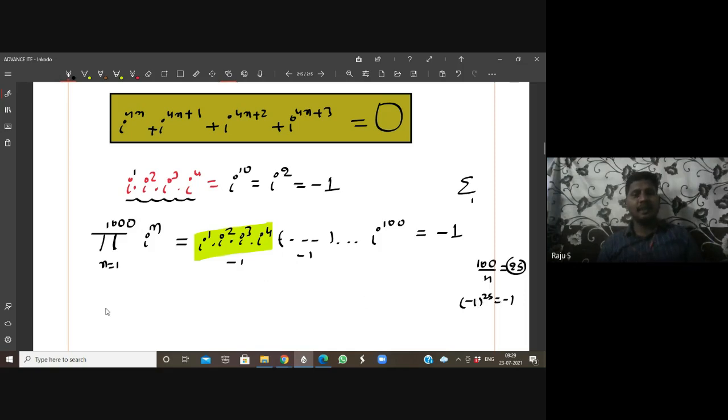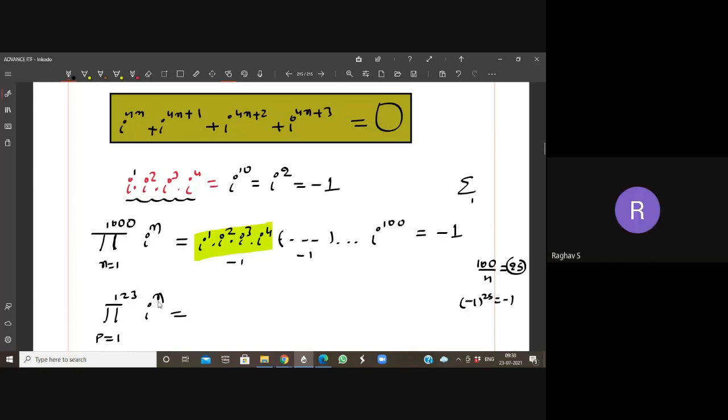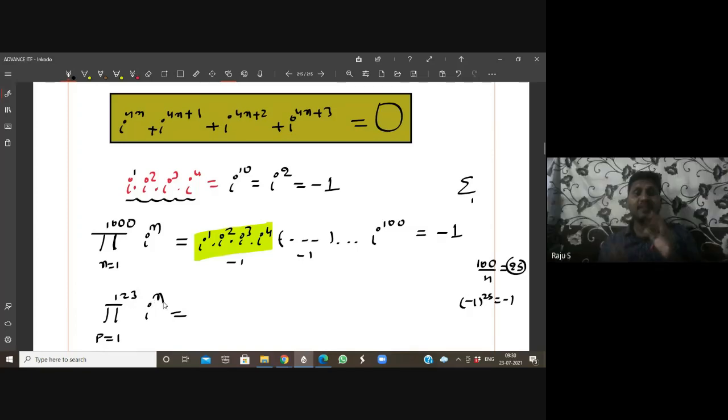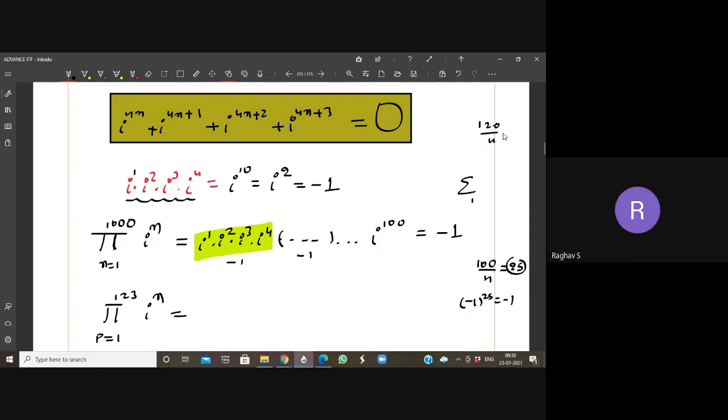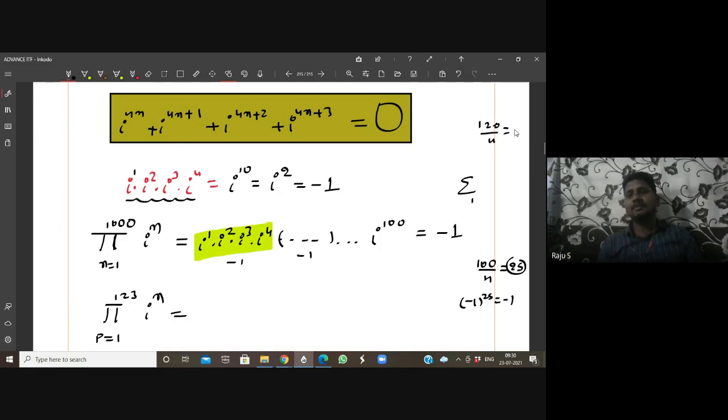In case I give the product of i power n from n is equal to 1 till 120, you can divide 120 by 4. Till 120 the remainder is 0.